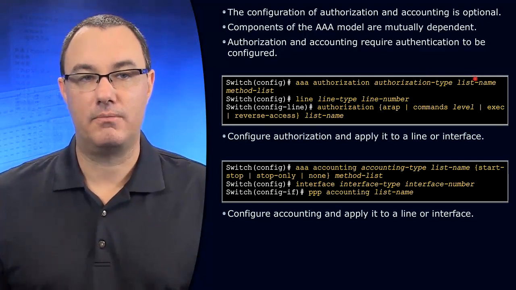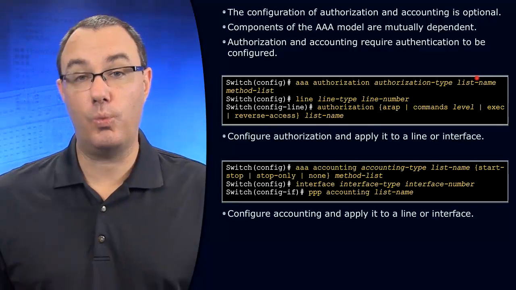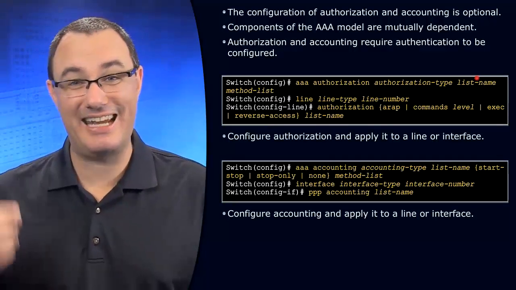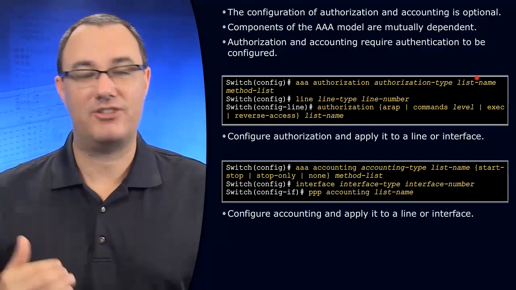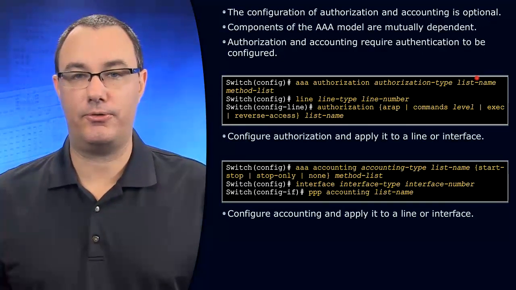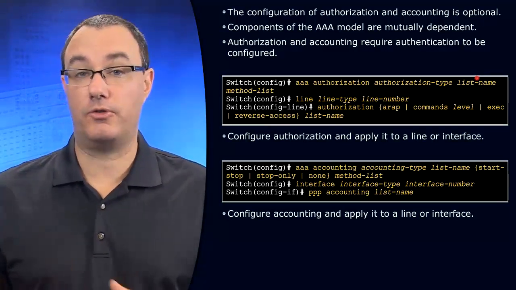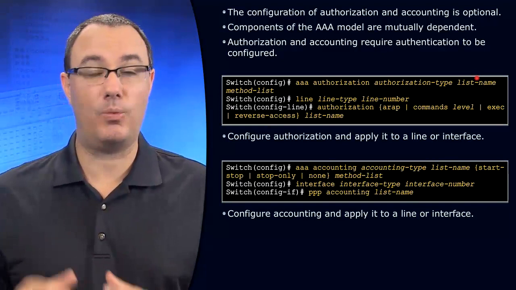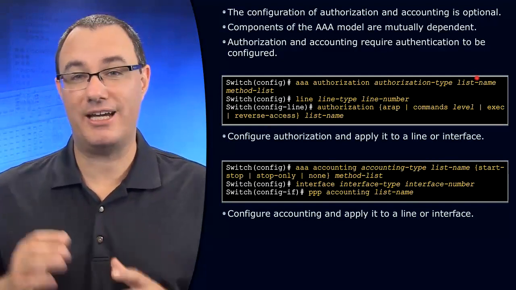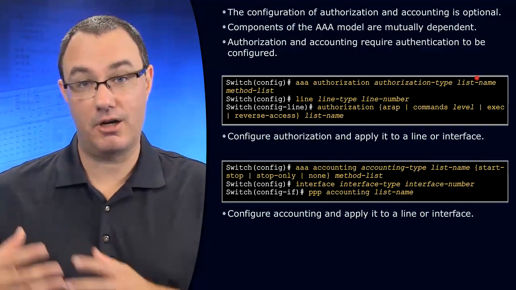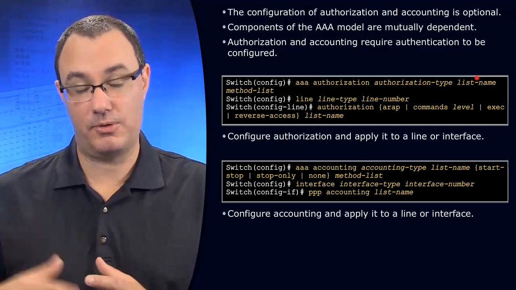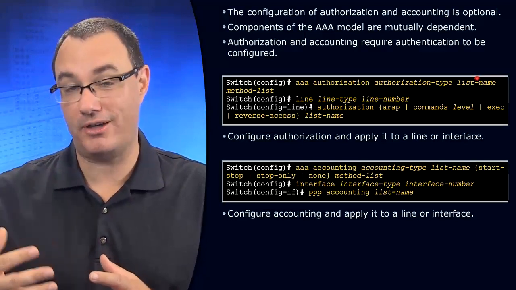We can specify a list. Where do we challenge and get the information that says what a user can and cannot do? Now, RADIUS and TACACS+ servers are a great place to indicate what that user can do. So once you get authenticated, you can be authorized.